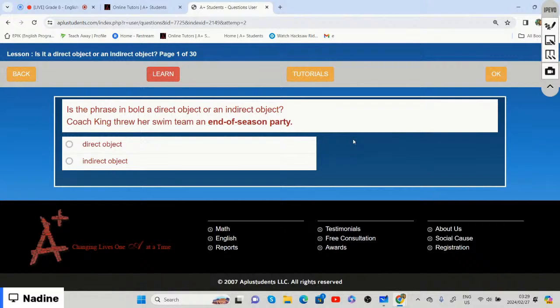Is this a direct object, basically saying what or whom it is acting upon?